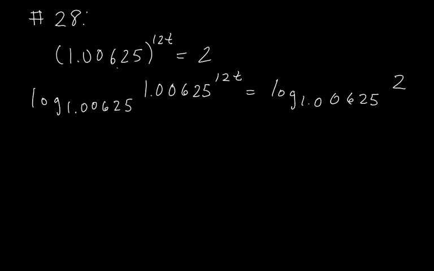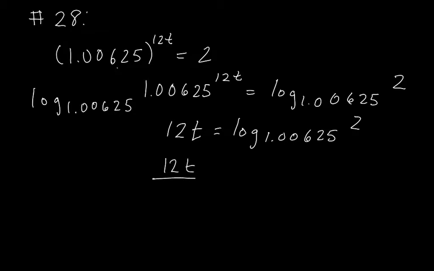So again, we have this base, and this is the base of the exponent. So property 3 tells us that 12t equals log base 1.00625 of 2. And then we want to isolate t, so we divide by 12.